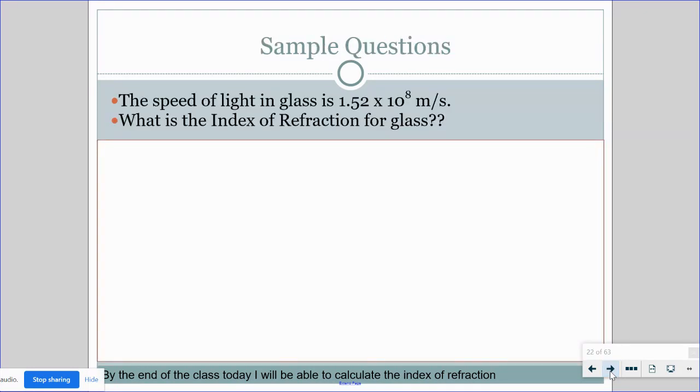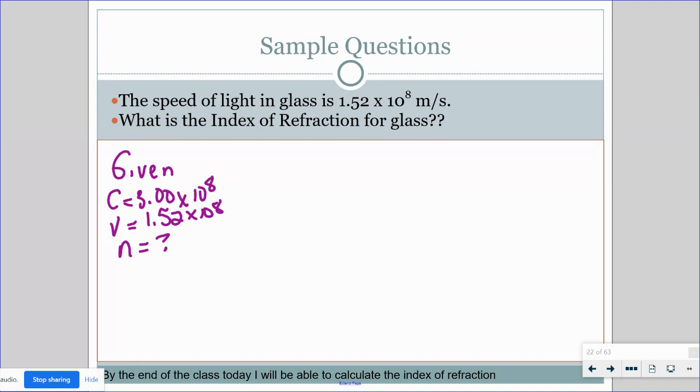So this is a good example. The speed of light in glass is 1.52 times 10 to the 8 meters per second. What is the index of refraction for glass? So we first think of our given, and we know that c is 3.00 times 10 to the 8. We know that v, our speed in the medium, is 1.52 times 10 to the 8. And now we want to get what is the index of refraction.